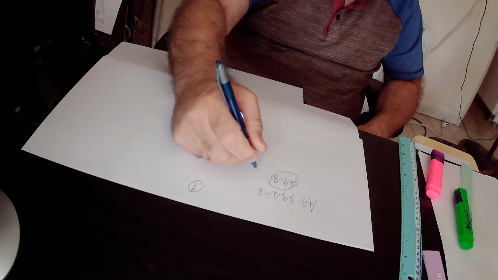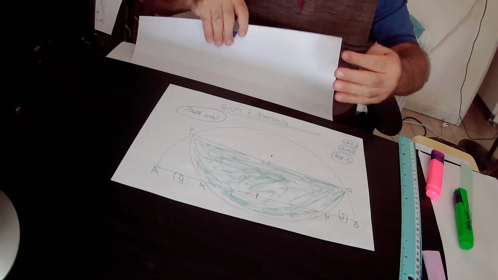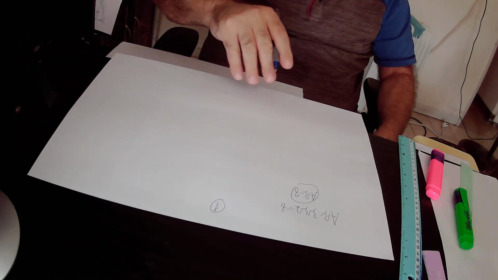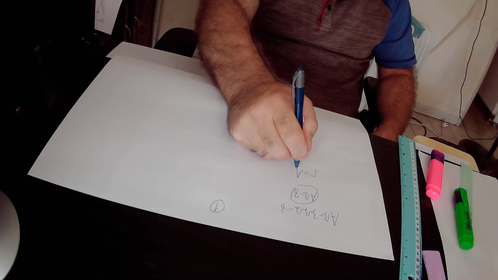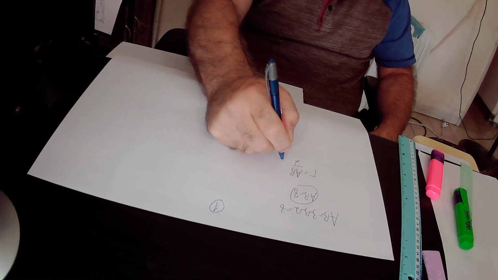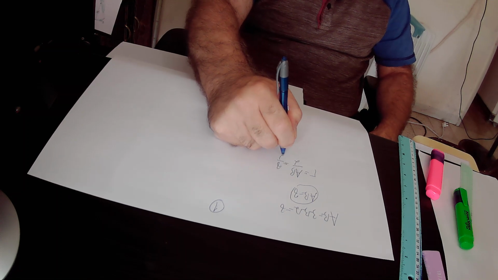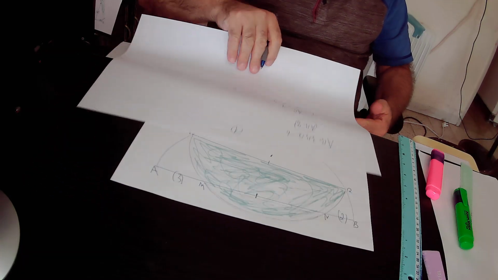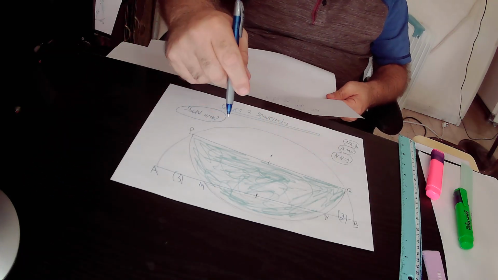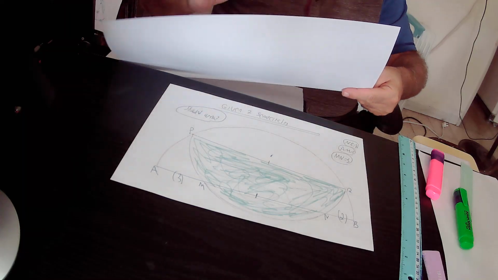We define the radius of this big semicircle as R, so the radius R must be equal to the diameter AB over 2. That is 8 over 2, that is 4. So the radius R equals 4 units in length.